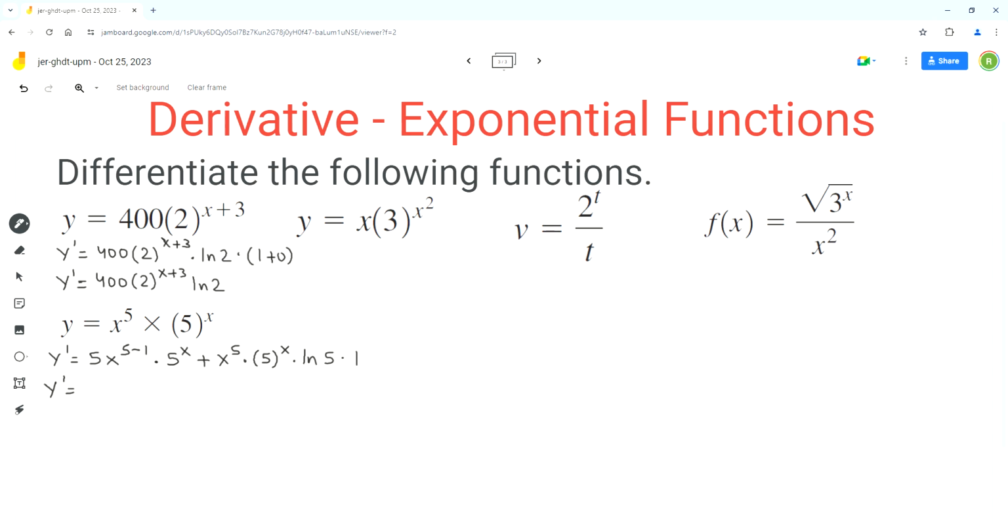Now we can simplify this expression. In the first part, we can subtract 5 and 1, times 5 to the power x. Now in the second part, ln 5 times 1 is just ln 5. So we just get ln 5.